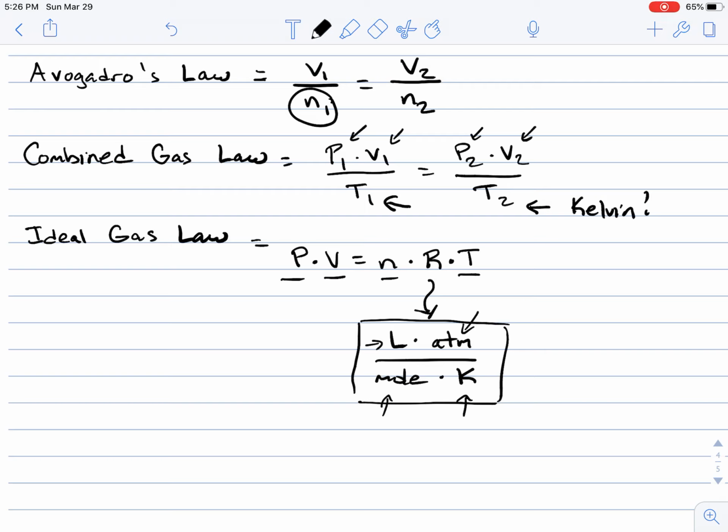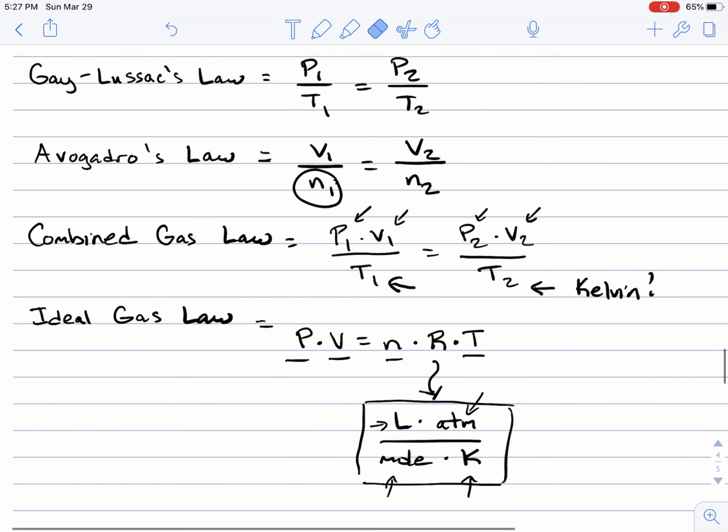So if, for instance, you have negative 15 degrees Celsius and you increase the temperature to 25 degrees Celsius, if you plug in negative 15 into T1, there's no other negative inside your equation that's going to cancel out that negative. And so your overall answer is going to be negative, and that cannot hold true for pressure and volume. Pressure and volume must always stay positive.